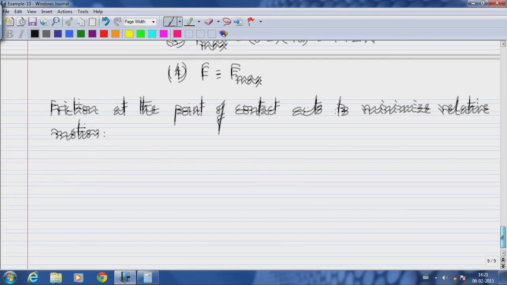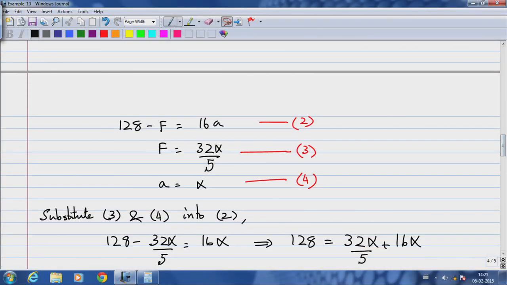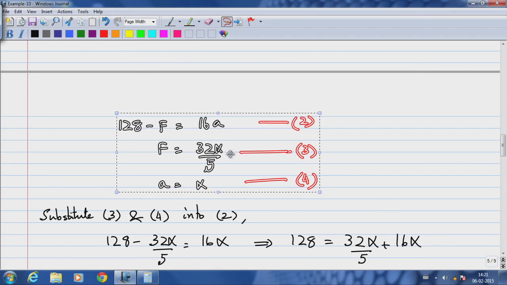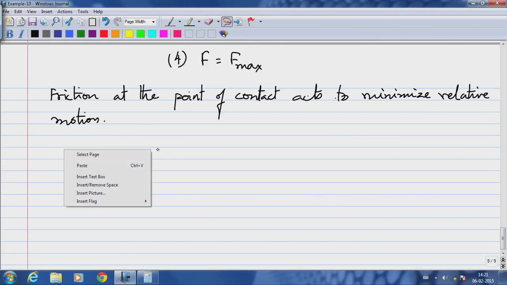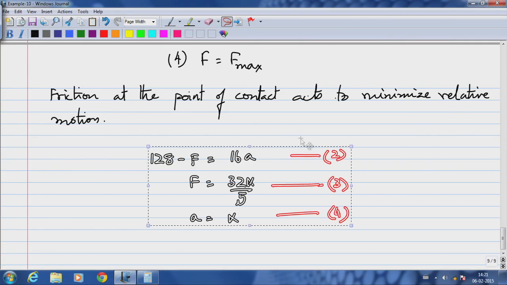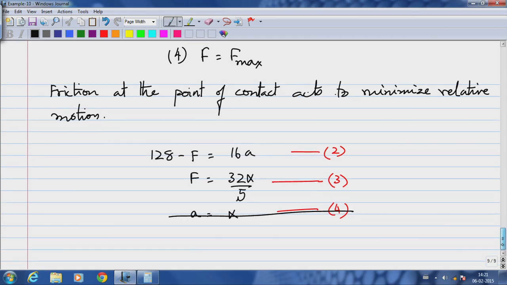So, now let us go back and rewrite our 3 equations that we had. I will copy this from here and paste it here. What we found is that this is no longer correct for our equation 4. We will replace it with, we still need an equation to complete this system of equations.